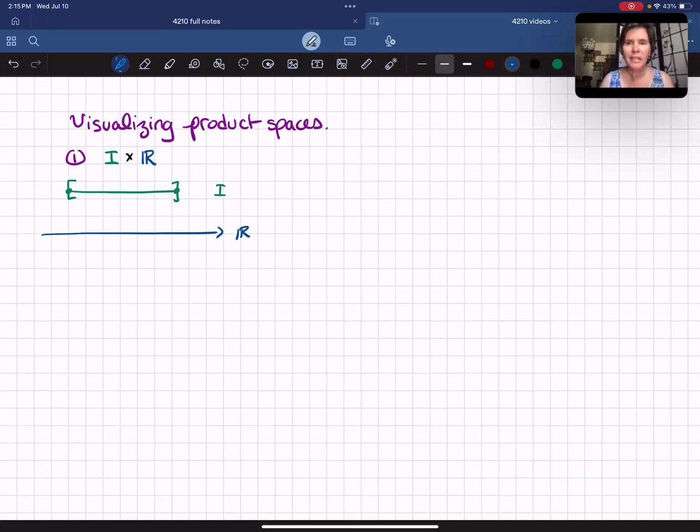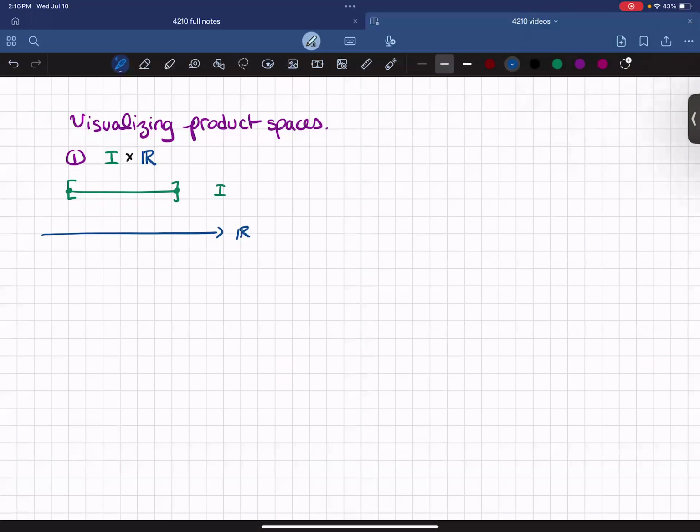Okay, so for the first one, I'm going to look at I cross R. So I is the unit interval from 0 to 1, and R is the usual real number line.